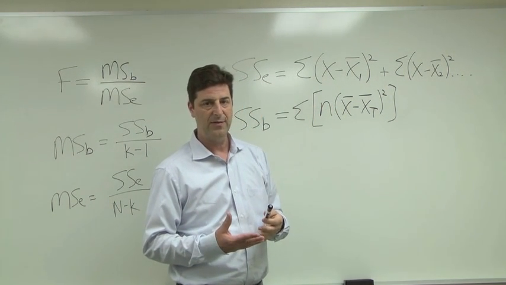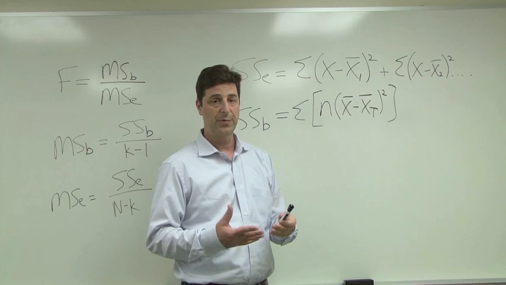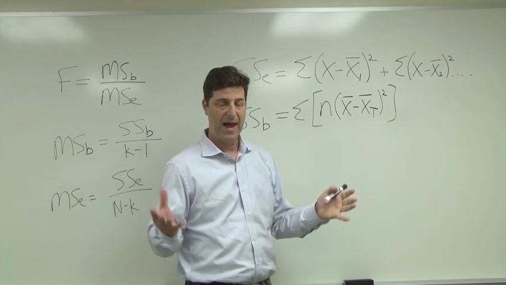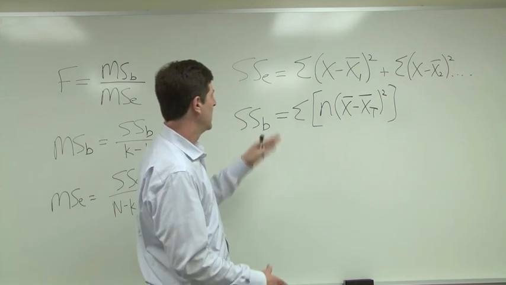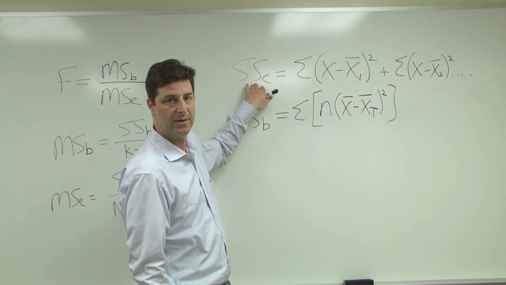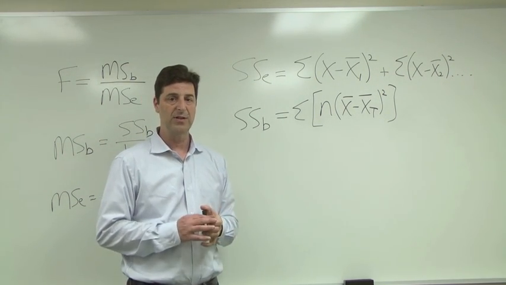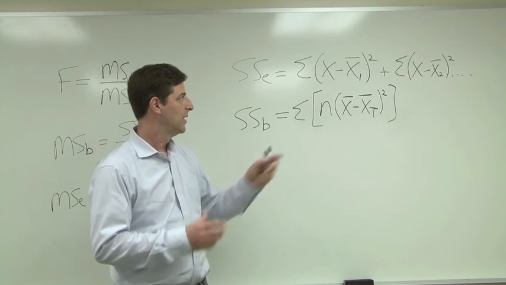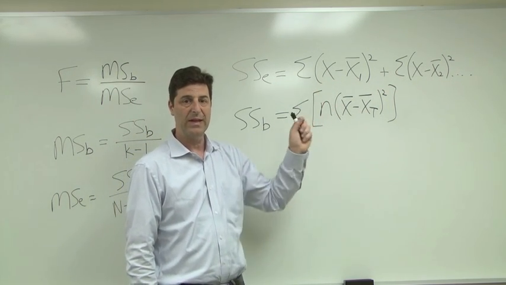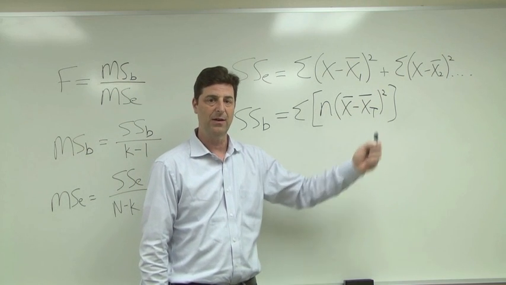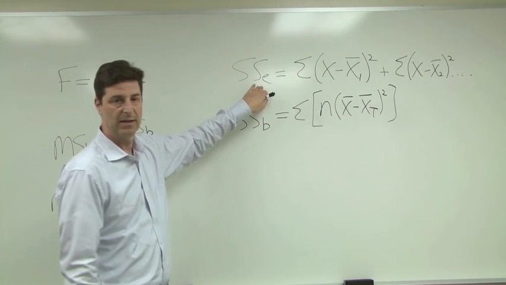Once you find the squared deviations within each group, you add all of those together, and that gives you the SSE. So the sum of squares error is the sum of the squared deviations within each group all added together. That's what the SSE is.